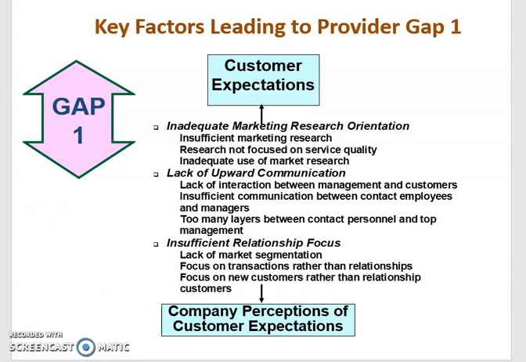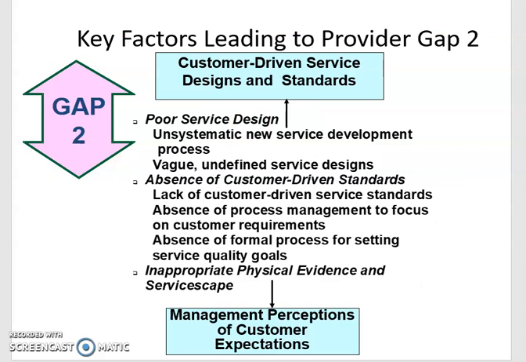Then coming towards the gap 2 model, which mainly relates to something called the policy gap.